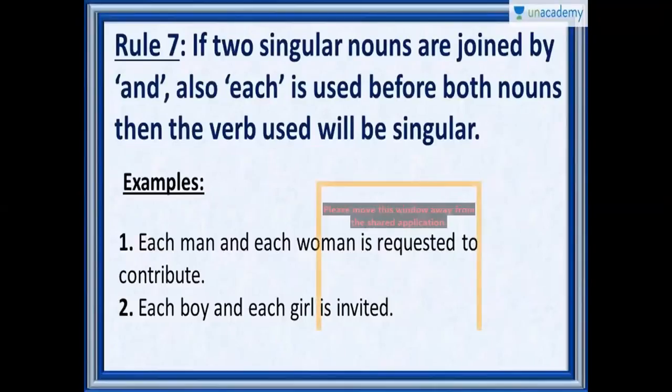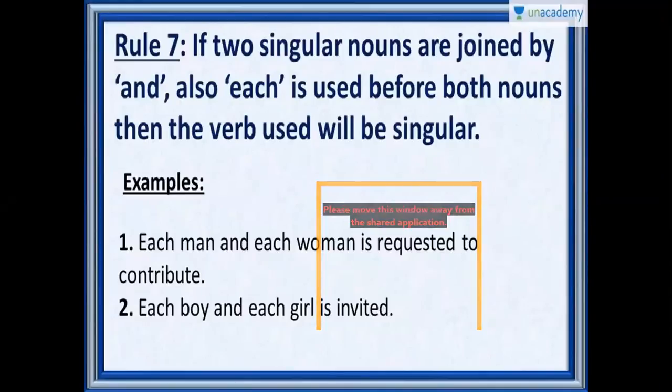Remember, this is not a deviation. This is an extension of rule number 3. Two singular subjects joined by 'and', supported by 'each' before both the nouns, then the verb will be singular.